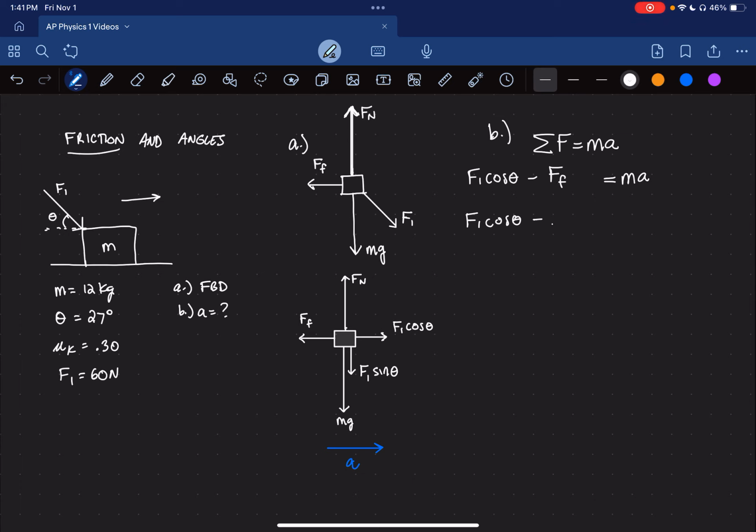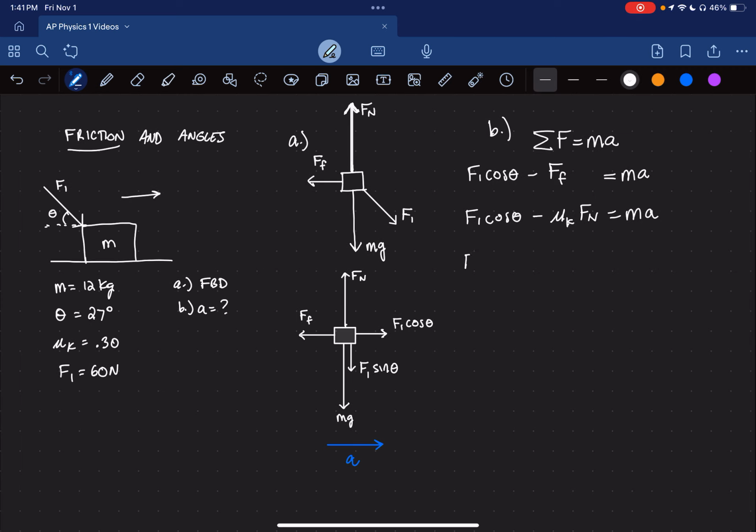The friction force is a kinetic friction. That's mu sub k Fn. And Fn, what is Fn equal to? Fn is not equal to just mg. Fn is equal to mg plus F1 sine theta. Whoops, minus. Okay. Equals ma.